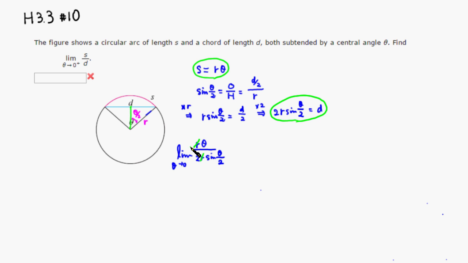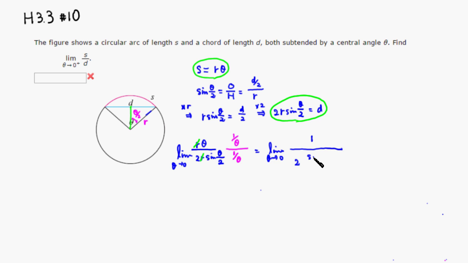Then I'm going to divide top and bottom by theta. So you have a 1 over theta on top, and I'm going to multiply by 1 over theta. If you do that, you get the limit as theta approaches 0. Then you have theta divided by theta, so that'll be 1, and the 2 is still there.